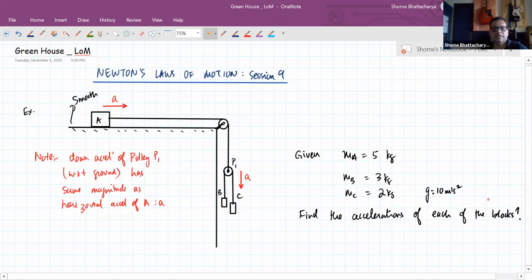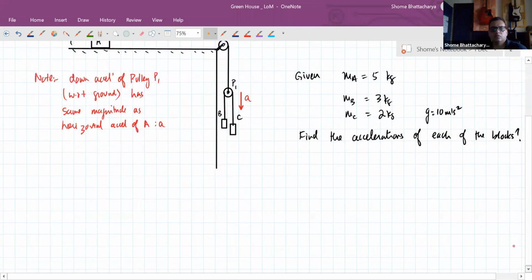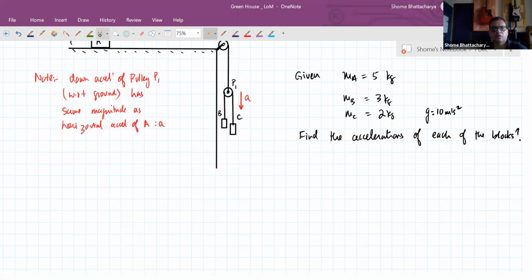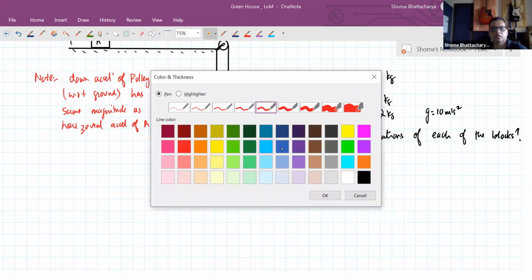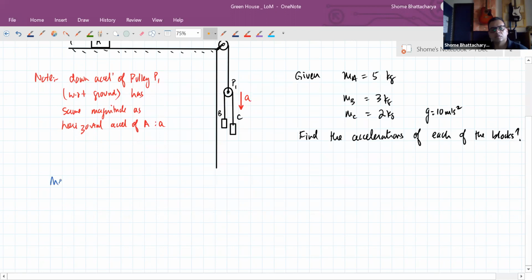Okay. Now the next thing we have to figure out here is what is the motion of B and C like. Okay, so for that what we have to understand is that the motion of B and C, if you look in the frame of the pulley P1, okay, what will happen?